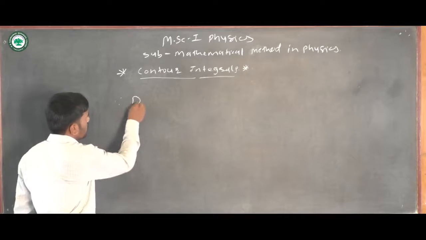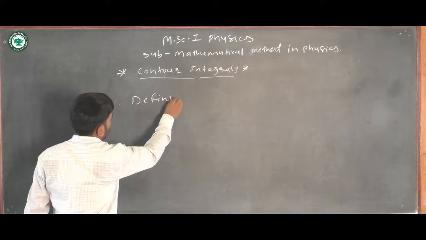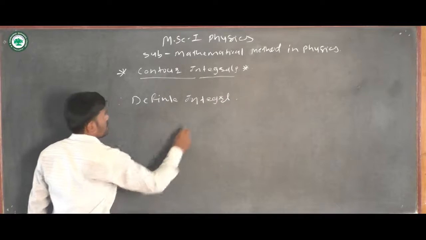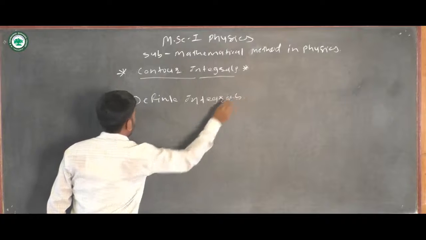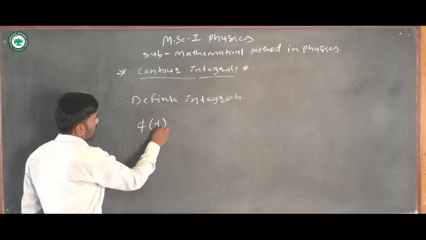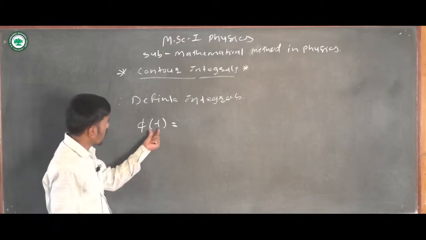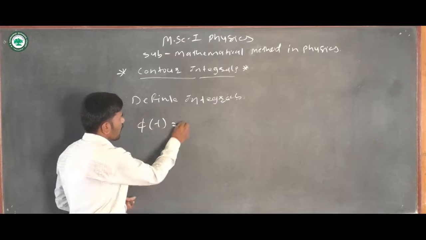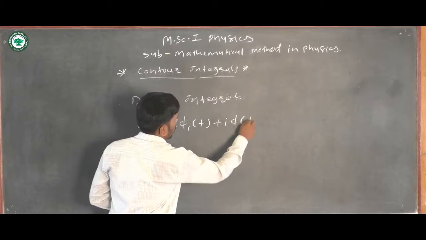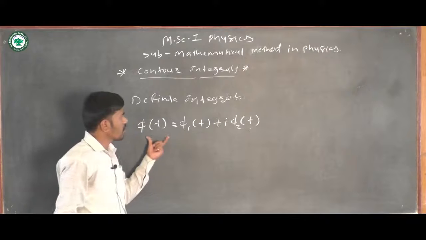When we study the definite integral, suppose phi is a function of t. We can write phi 1 t plus iota into phi 2 t. This is a definite integral.